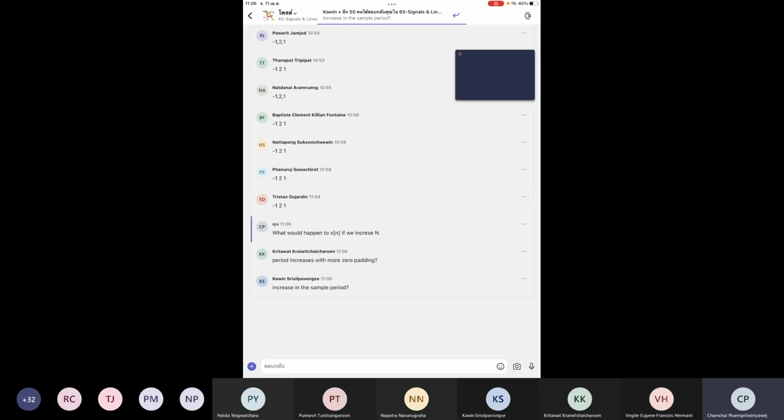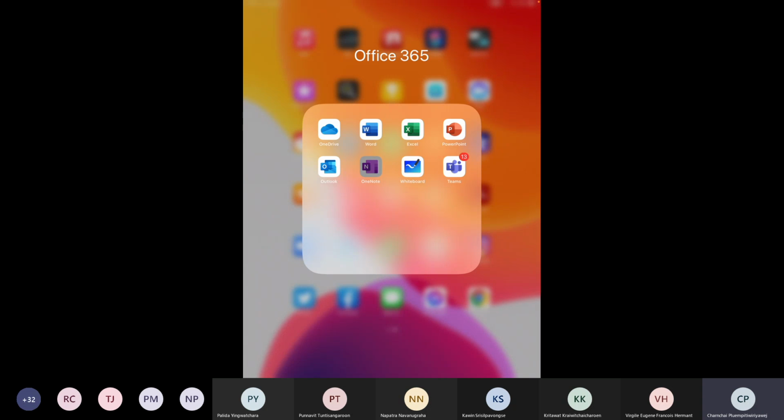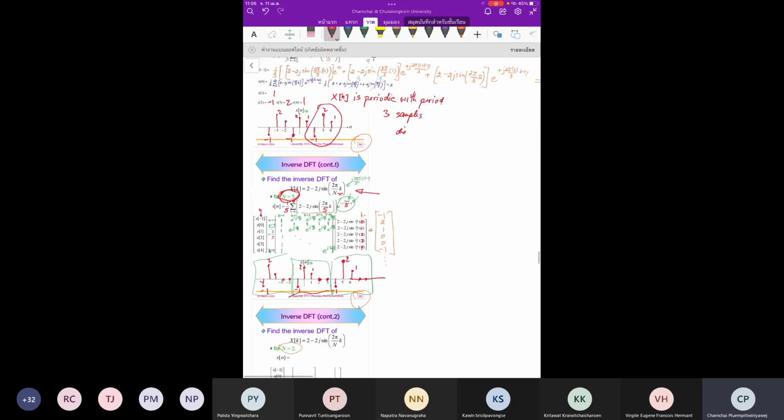Yes, okay. The periods would increase according to N with more zero padding. Exactly, with more zero padding. So this means if you increase N and get more zero padding, it's going to become the DTFT.